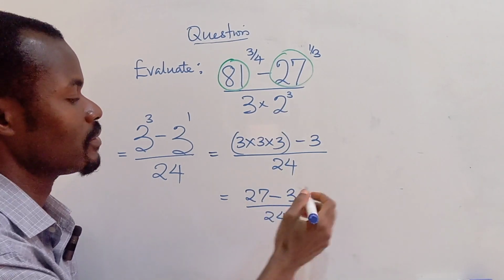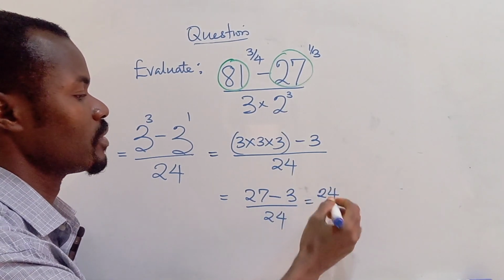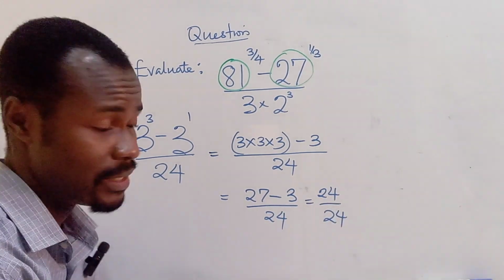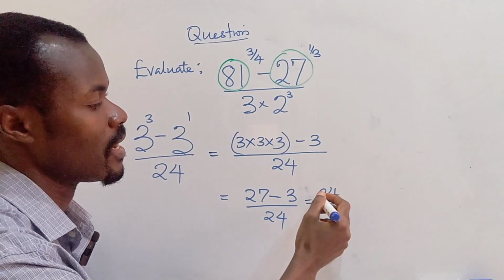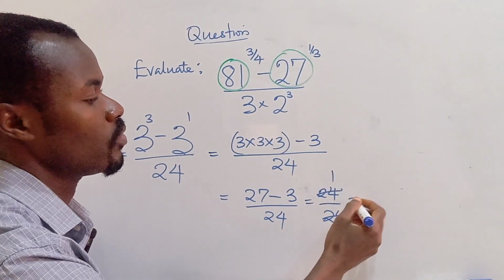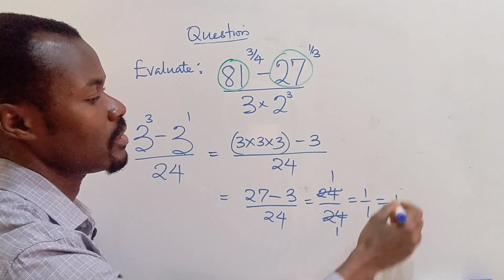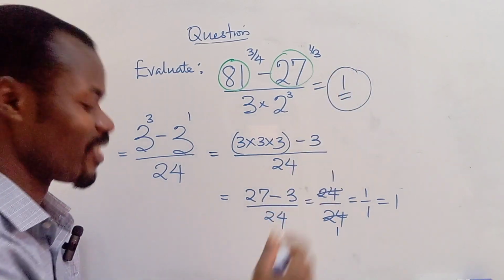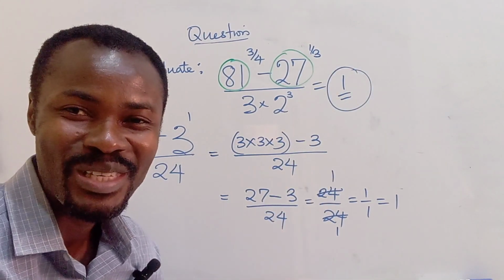Now 27 minus 3 gives us 24 divided by 24. Since the numerator and denominator are the same, we can cancel them out. So we have 1 over 1, which is 1. So the value of all this is equal to 1. That gives us the simple solution.